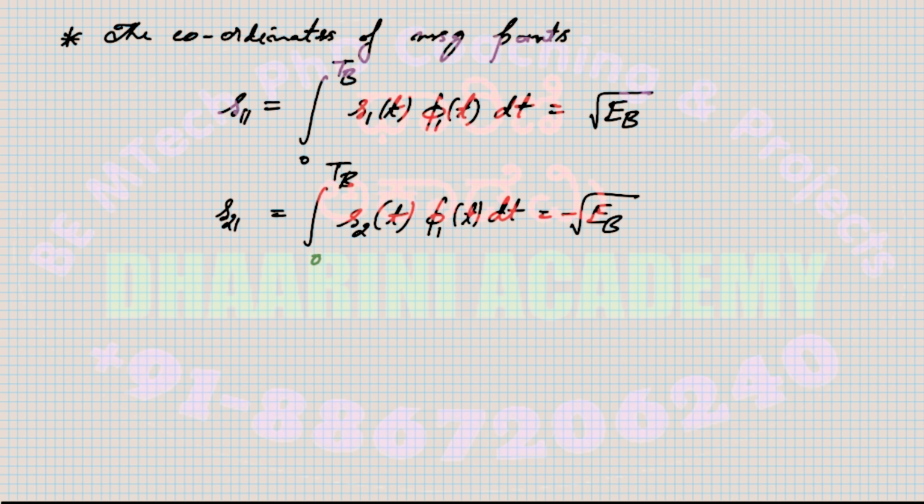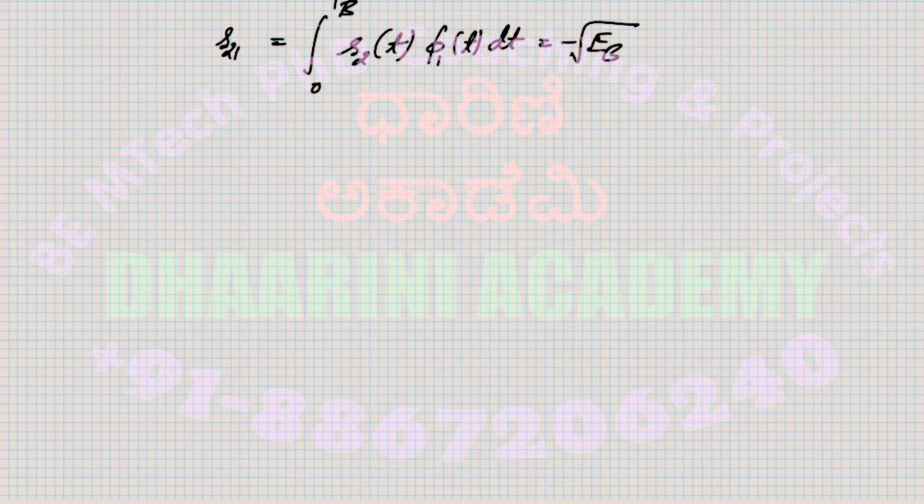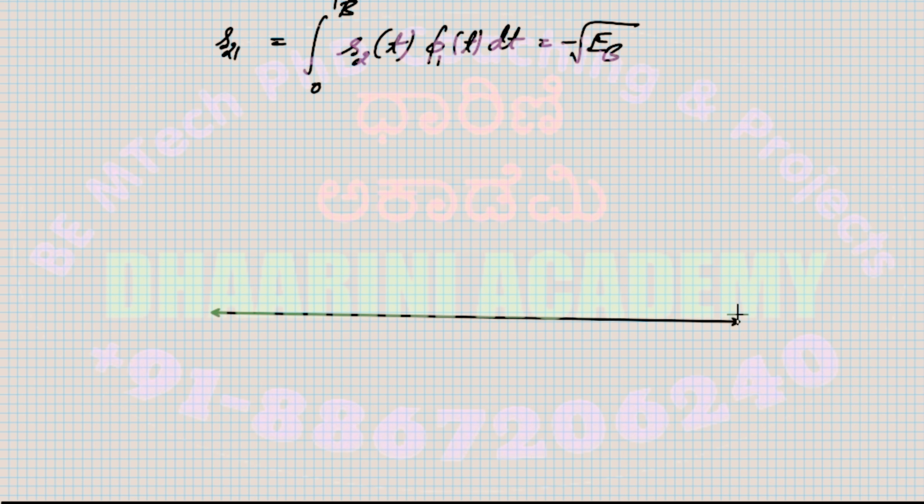So the constellation diagram is going to look something like this. We have the axis, this is the line corresponding to our basis function, that is phi 1. Let us say this is 0.